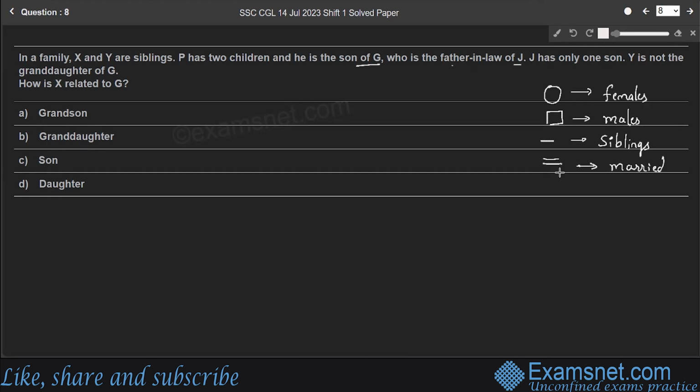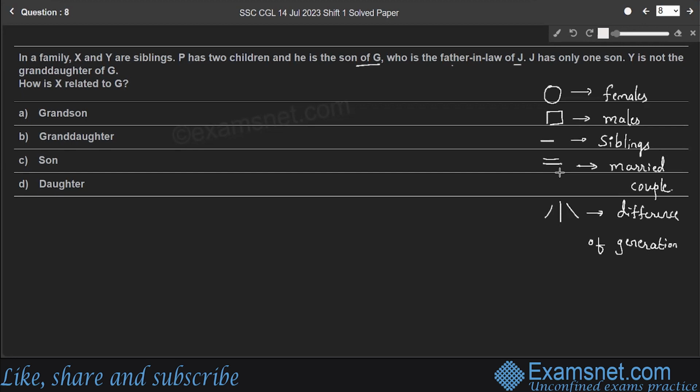A vertical line or slightly slanted lines show a difference of generation, right? So father to daughter, father to son, or mother to daughter, mother to son. Like that. So let us consider the question.